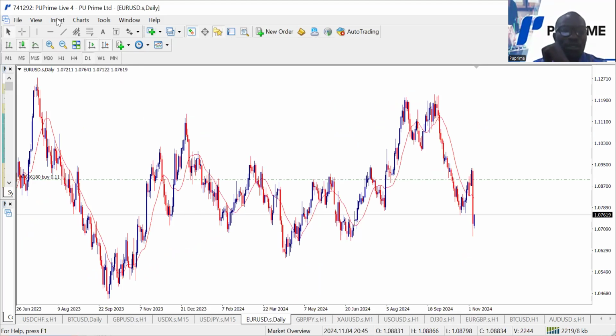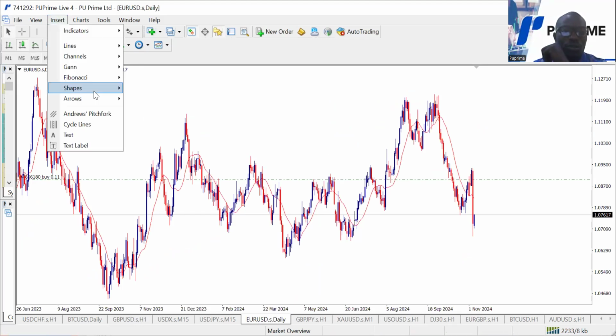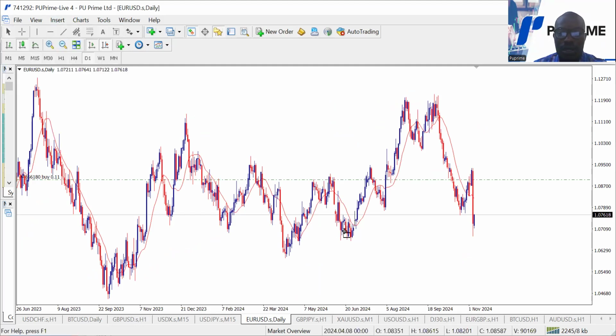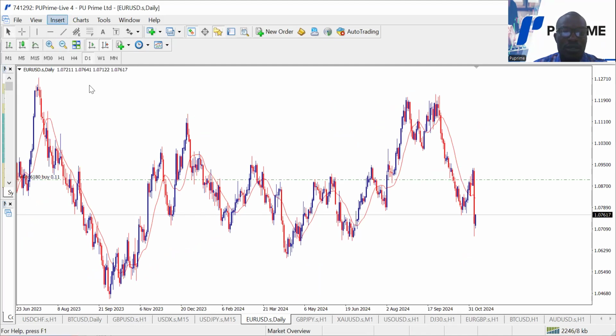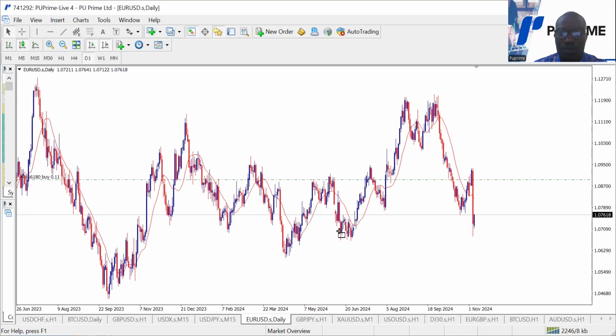So EUR USD yesterday, we had a rejection on this market. We had market reject this low yesterday, and we are seeing some bullish sentiment as well.